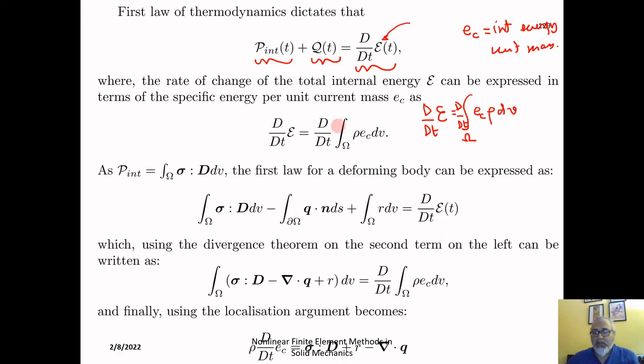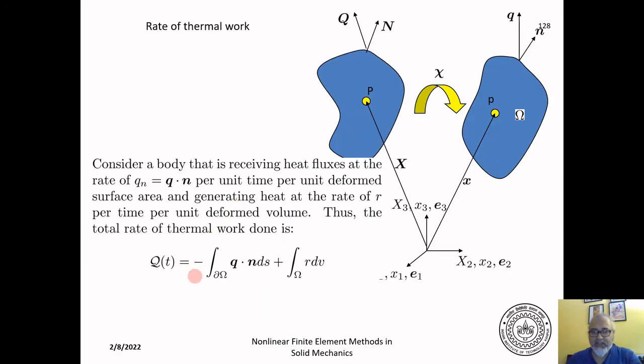Okay, now we have P int here. The P int we have already figured out is sigma : d dv, with d the rate of deformation. So that's what we have for P int. And for Q, we have figured out in the previous slide that Q, the rate of heat transfer, is the rate of heat leaving or entering the system, the net heat flux, plus the rate of heat generation in the body.